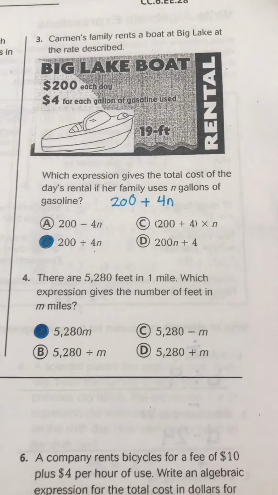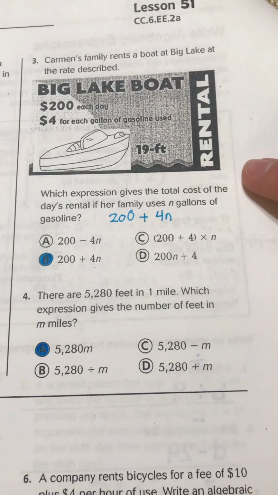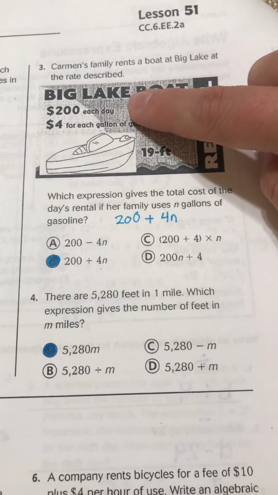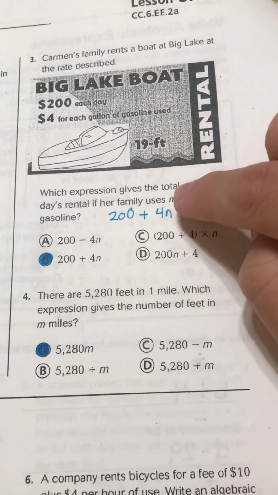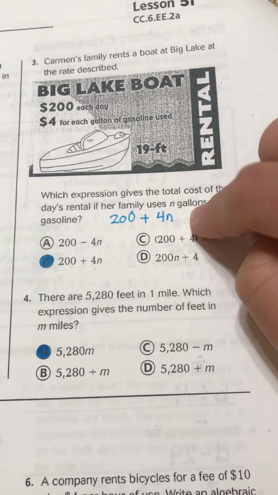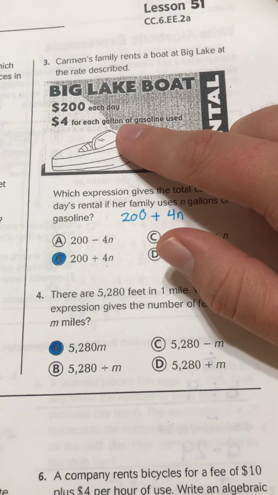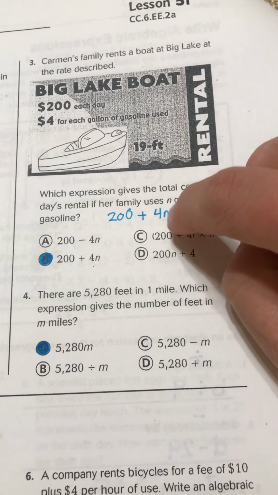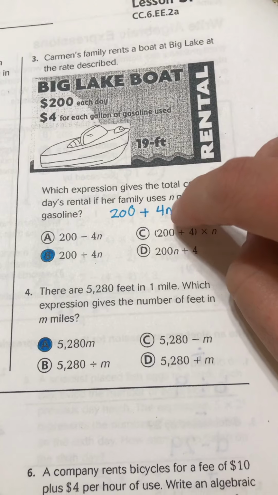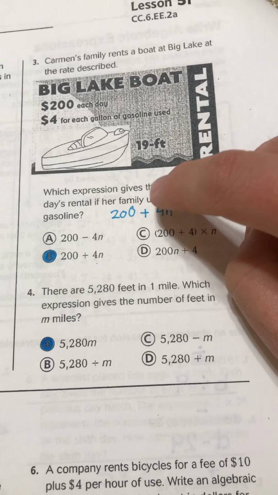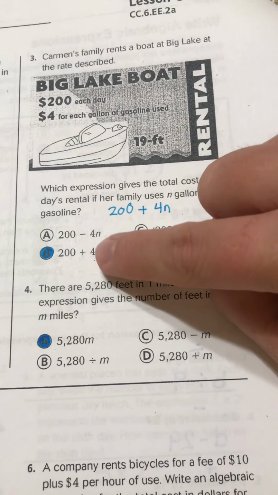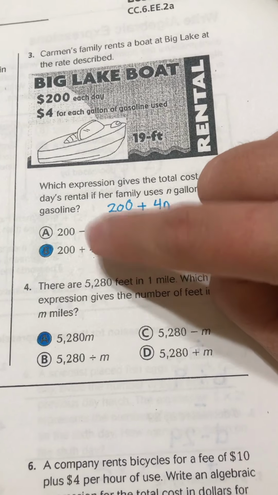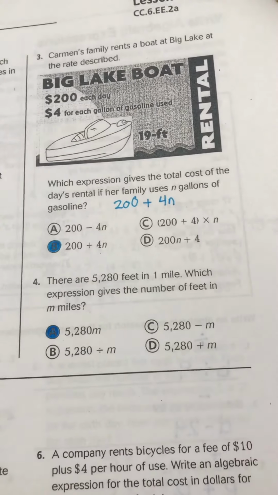For number 3 and 4, so 3 was B. So it says $200 a day for the boat, which has to have 200. And then n is for gallons of gas, and it's $4 for each gallon of gas. So every time you use a gallon of gas, we need to multiply by 4. So 4 times n plus the $200 a day, which only comes out to B being the correct answer.